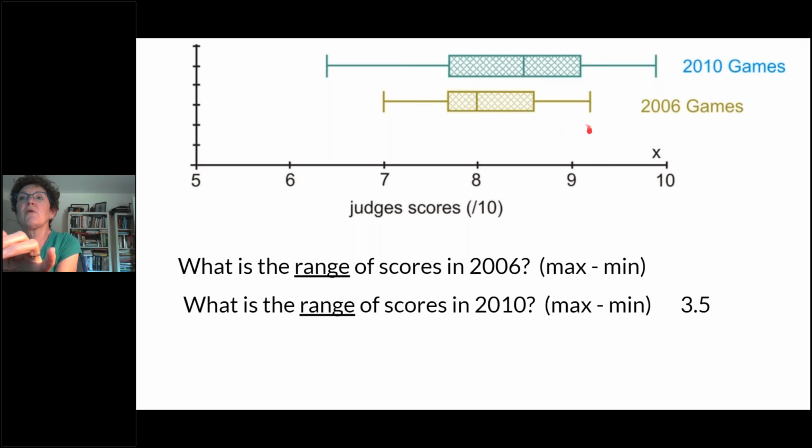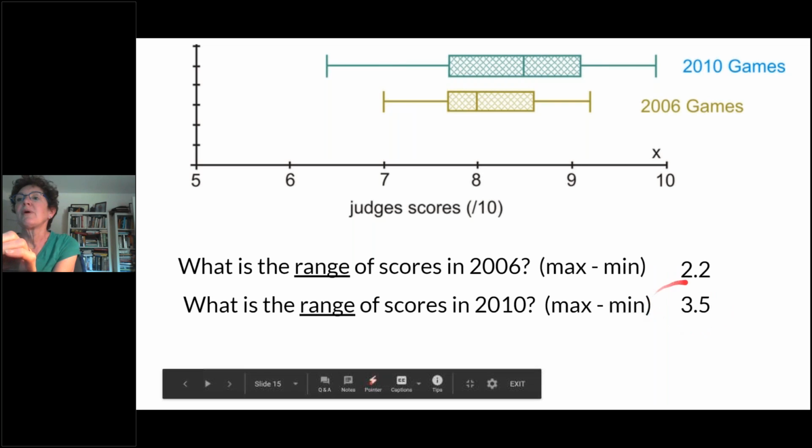And if we go to this maximum number, we call it 9.2, and subtract 7, 9.2 minus 7 is 2.2. If we go to 2010, 9.9 minus 6.4, the range is 3.5.